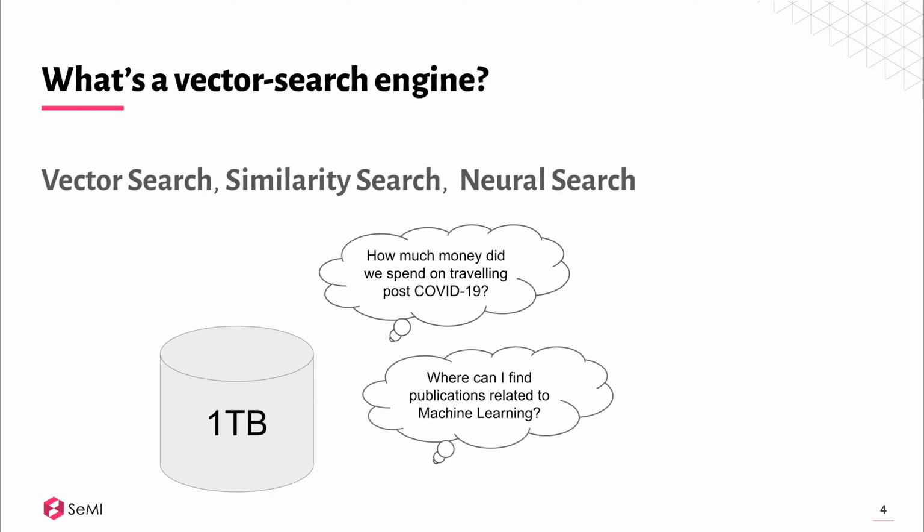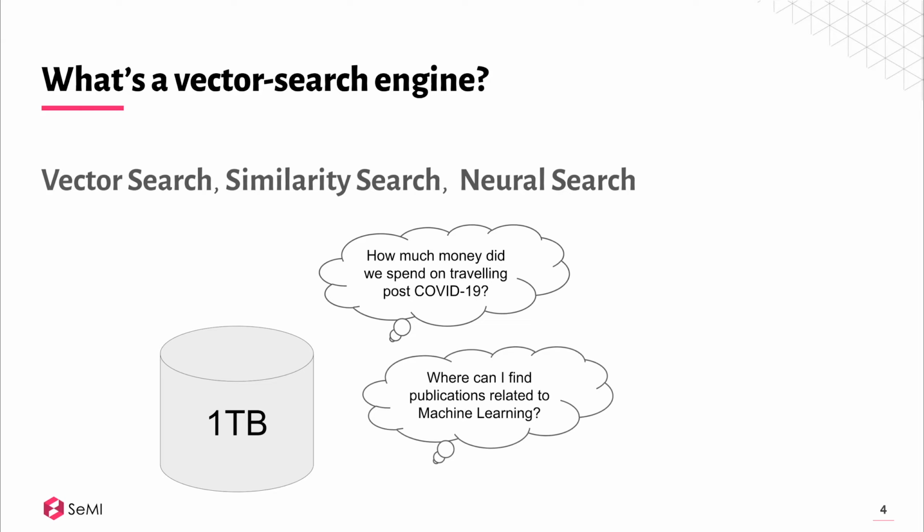So here the first problem is that if you really wanted to do a text-based search on finding everything related to traveling, the first thing that you would need to do is classify what is traveling information in there. And a lot of companies do that manually these days, but with a vector search engine, we want to rely on machine learning models to do that automatically. Similarly with publications related to machine learning.